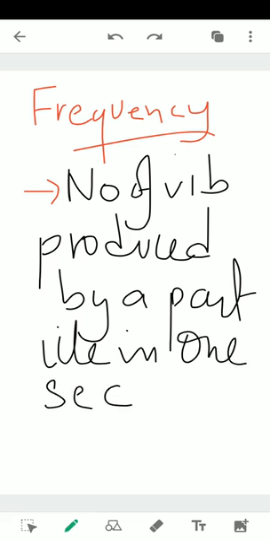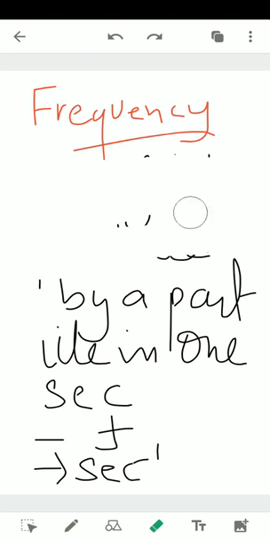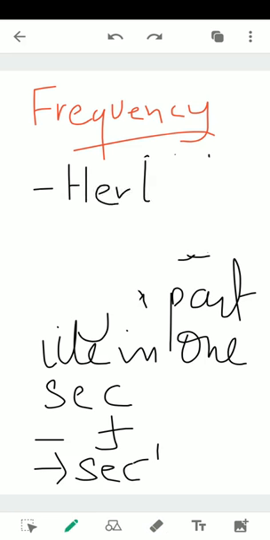So if in a second there are 5 vibrations produced, then I can say that the frequency of that wave is 5 per second. It is denoted by small letter f, and its SI unit is per second, also written as hertz. So that is the frequency.